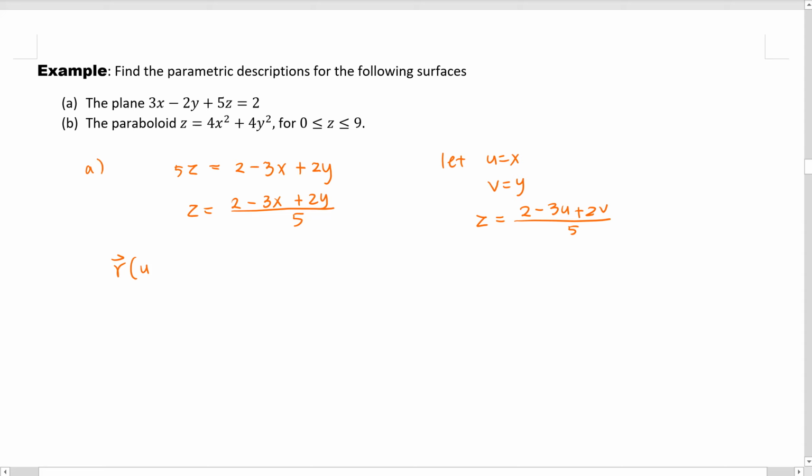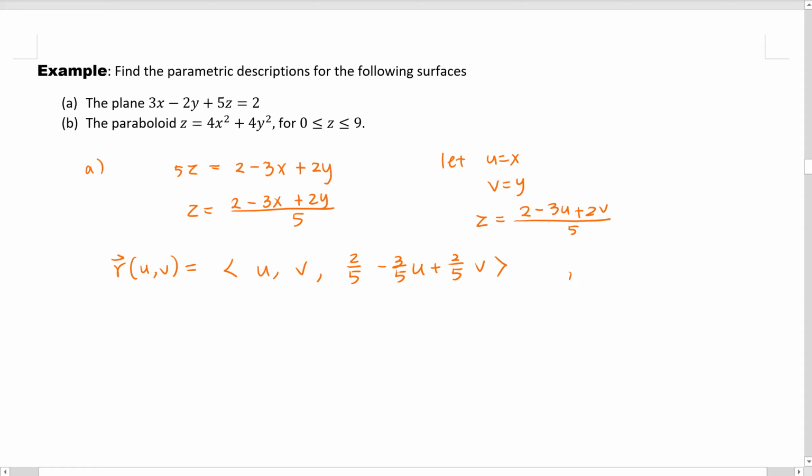So what is our parameterization? R of u, v is: x is u, y is v, and z is 2 over 5 minus 3 over 5 u plus 2 over 5 v. Now u and v can be any real numbers, right? Because it's a plane.